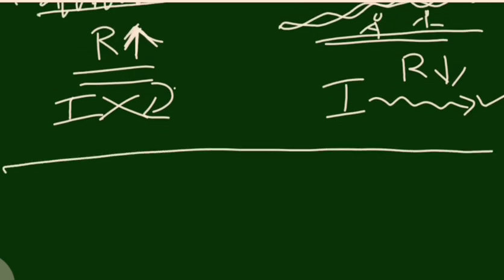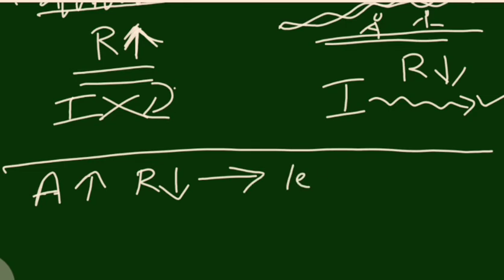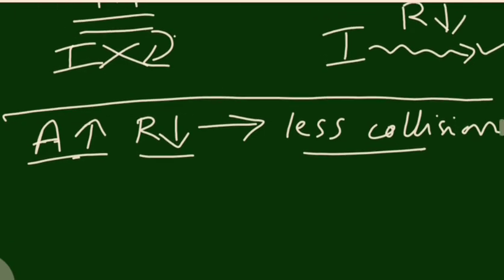So we'll write it once more. If area is more, resistance will be less. Why is it happening? Because of less number of collisions. Less collision is there because more space is there, therefore resistance is less.